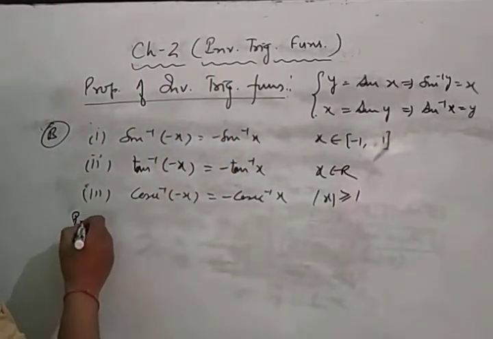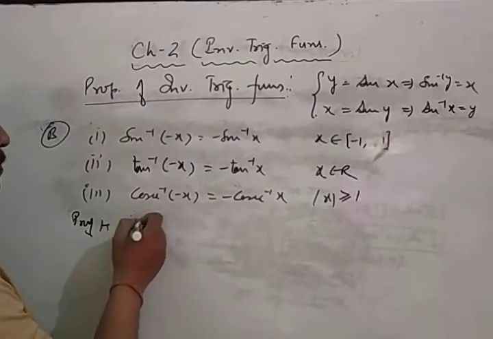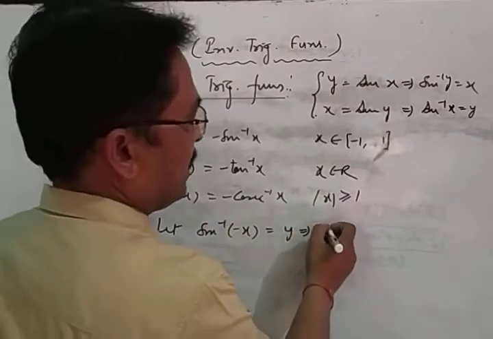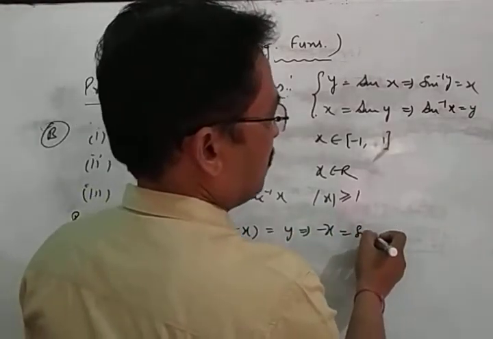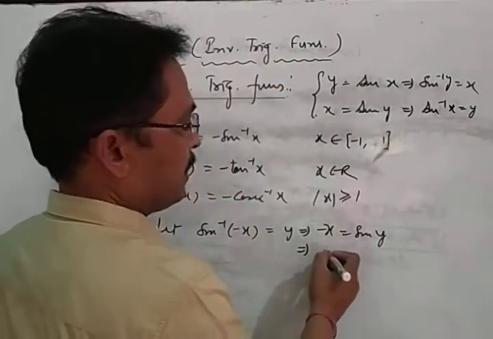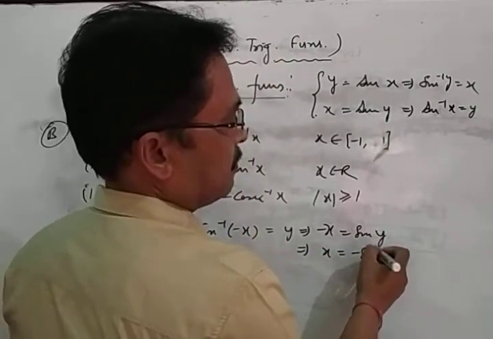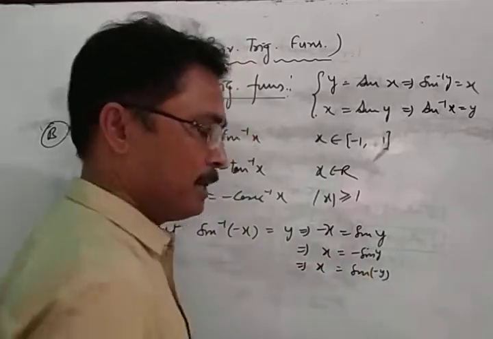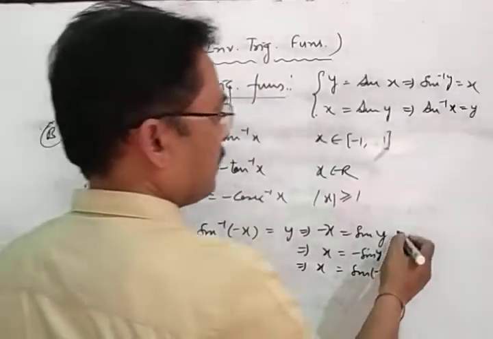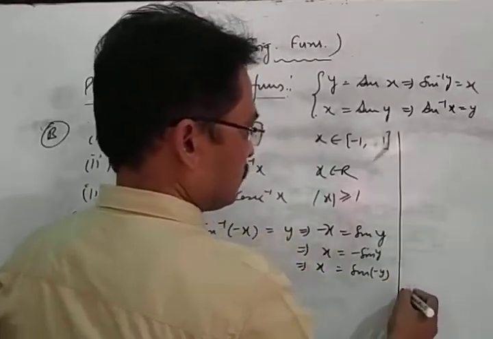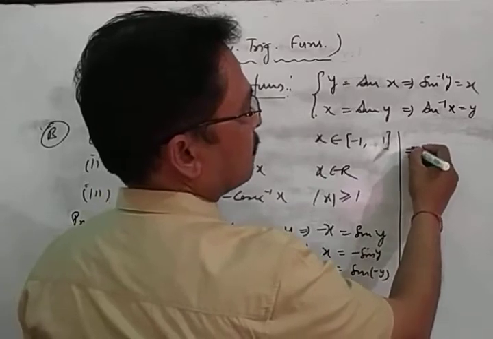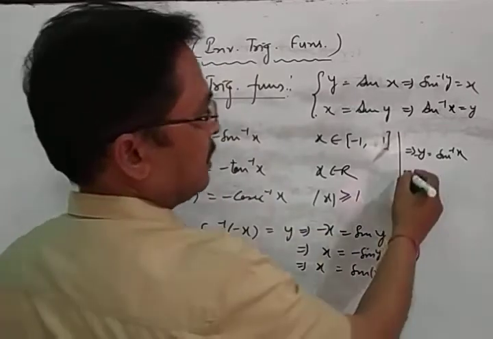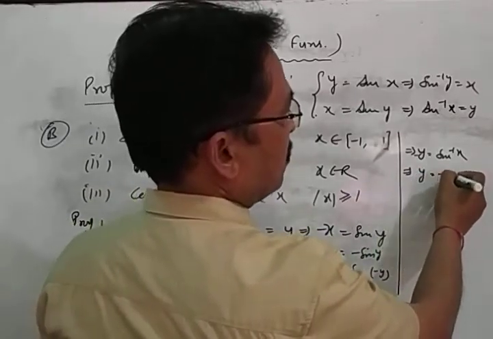First part. Let sine inverse of minus x is equal to y, so this implies minus x equal to sin y, or this implies x equal to minus sin y, or you can write here sin of minus y, sin of minus y is minus sin y, and therefore minus y is equal to sin inverse x, and this implies y equal to minus sin inverse x.